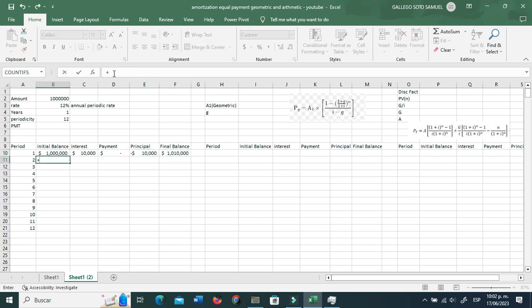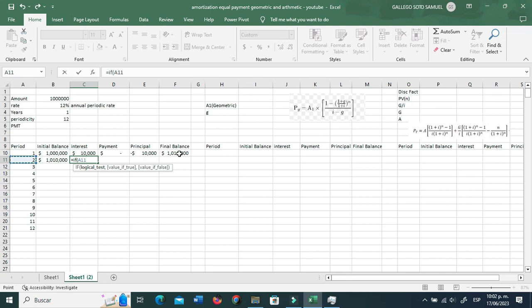Now if this value equals nothing, then nothing; if not, just go ahead and get that one, because the initial balance of year 2 is going to be the final balance of year 1, right?